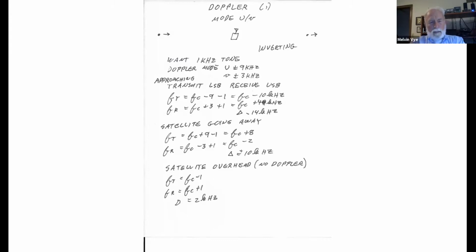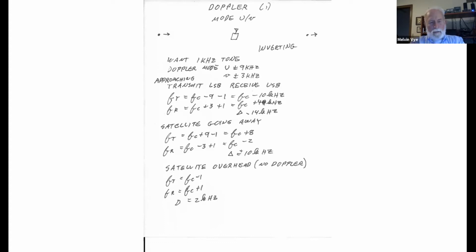So is the satellite, and we're going to transmit on lower sideband. As the satellite is coming toward us, it's approaching us, the transmitting frequency would be the carrier or nominal frequency, minus 9 because we have to transmit lower, minus 1 because we're on lower sideband. So that would be the carrier frequency minus 10 kilohertz.